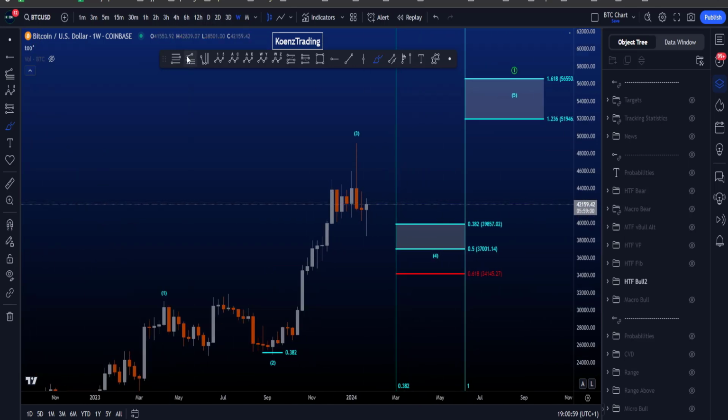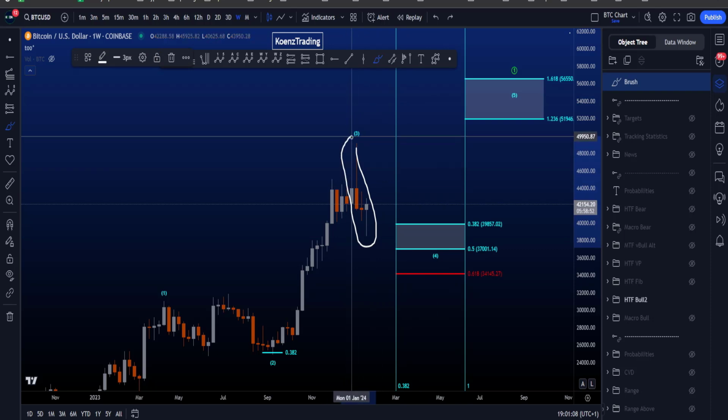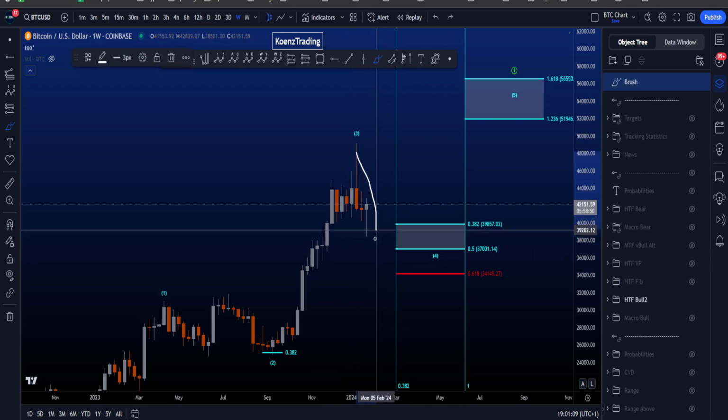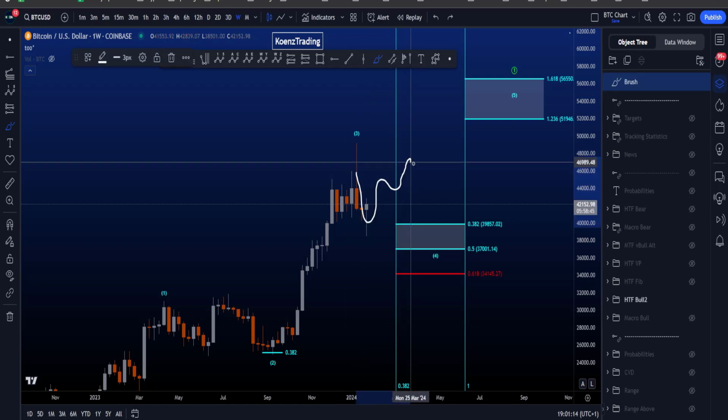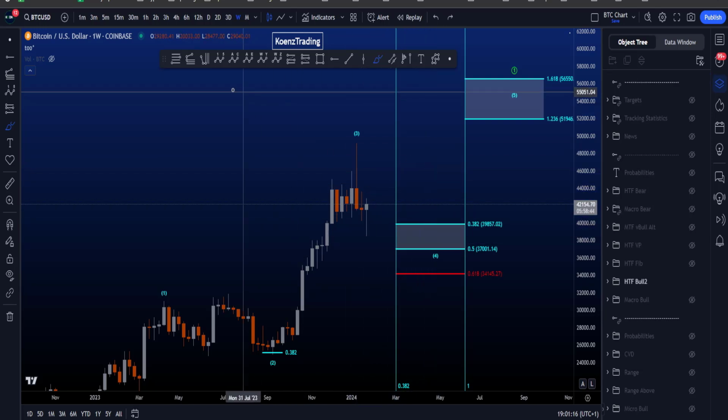It can definitely, however, be a deep corrective structure, because in a wave 4 we are looking for a 3-wave corrective structure, where based on the lower time frames and the daily updates that we do, we are looking for potential wave A here to the downside. Then we want to see a wave B before a wave C to the downside here.